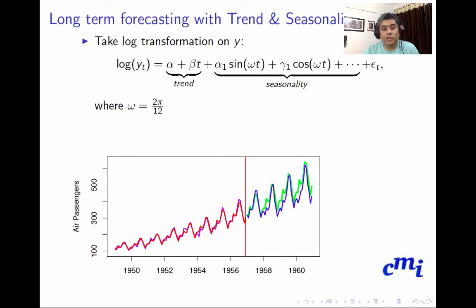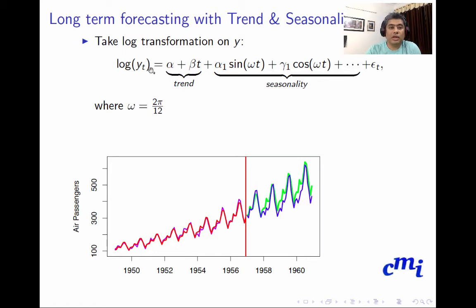And now this is my forecasted path of the air passenger demand, and this is the original. The blue ones are the originals and the green ones are the forecasted path. Now there are slightly overestimations happening, but overall it has nicely fitted the jumps by the log transformation of the model.